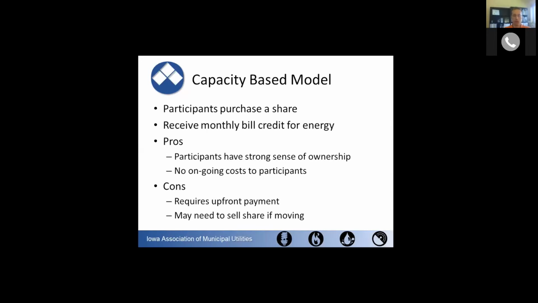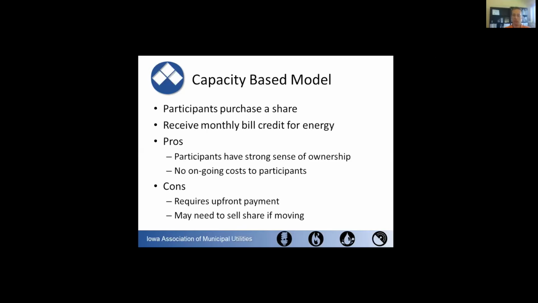A couple downsides or cons are that it does require that upfront payment. So even though a share price may be just a few hundred dollars, that still may be a barrier to some, or they may just not feel comfortable with that, or even have the money available at the time.